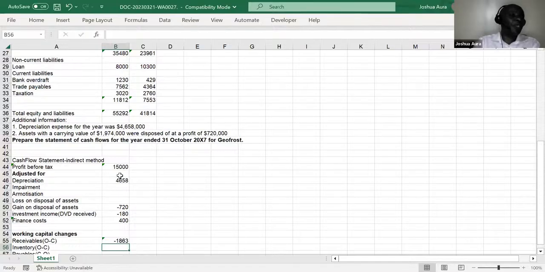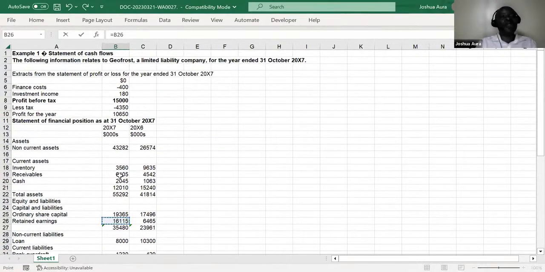When you go to inventory, again it's O minus C. So you start by saying equals, then you page up, and you go straight for inventory. Remember, it's opening minus closing. 2016 is opening, 2017 is closing. So for inventory, I'll pick this and then say minus this. No, that's not inventory. That's very wrong.